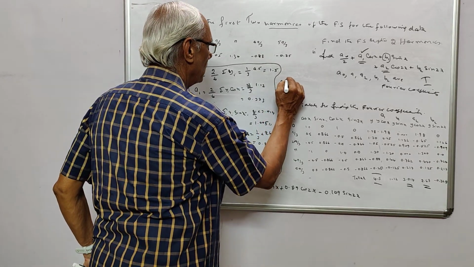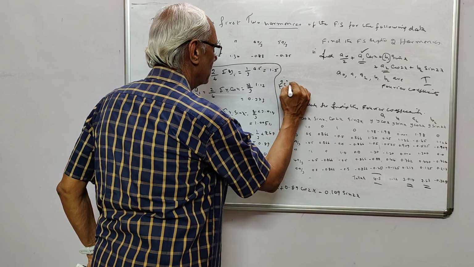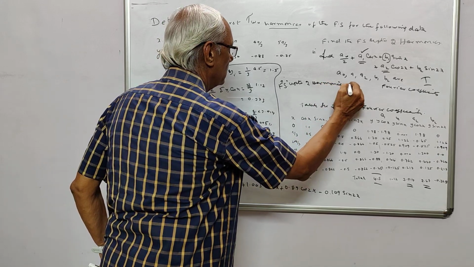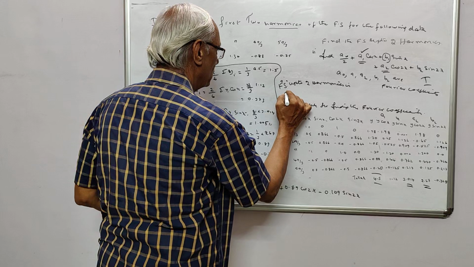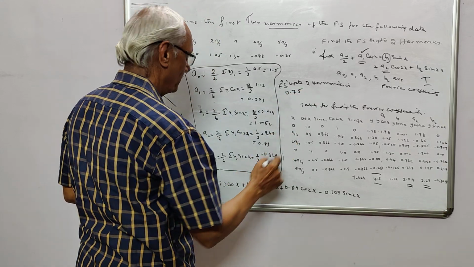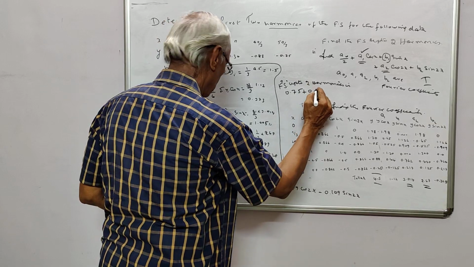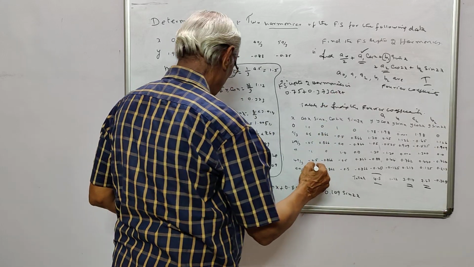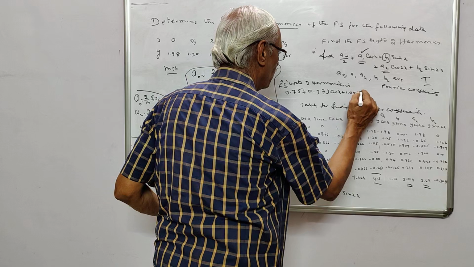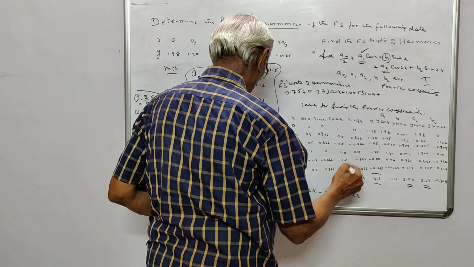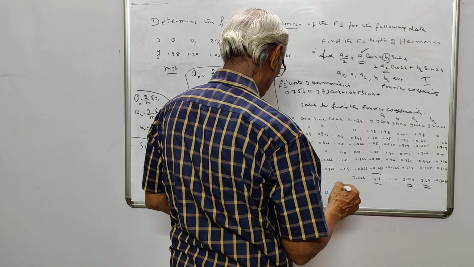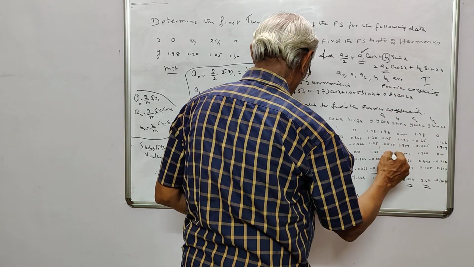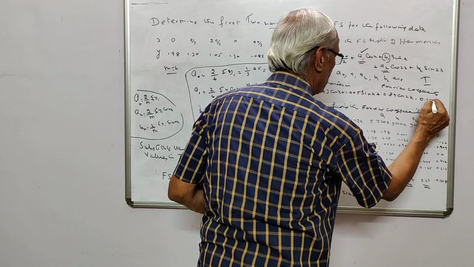Therefore, the Fourier series up to 2 harmonics is 0.75 plus 0.373 cos x plus 1.005 sin x plus 0.89 cos 2x minus 0.129 sin 2x.